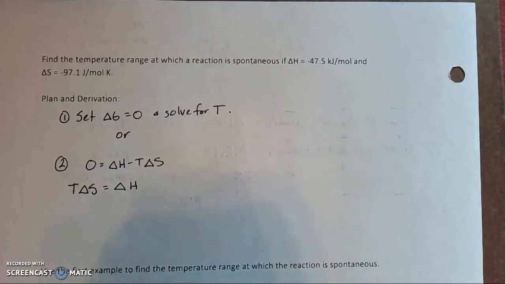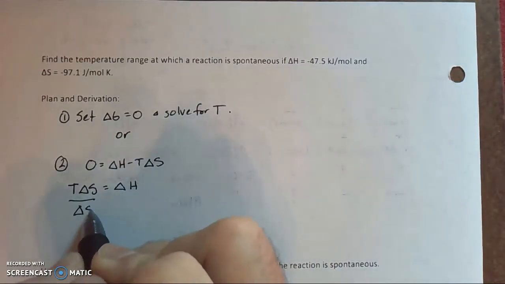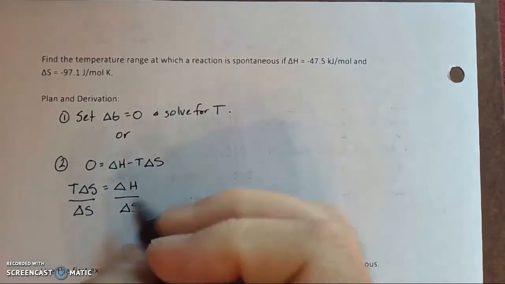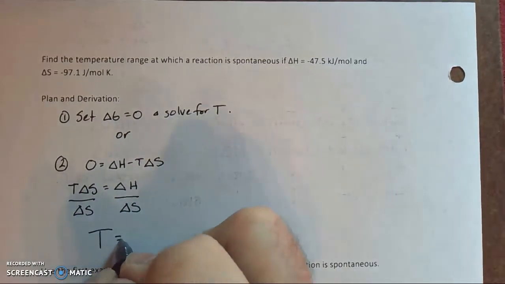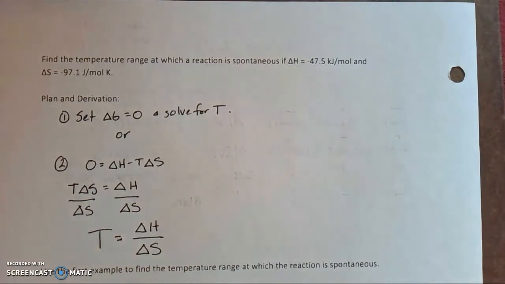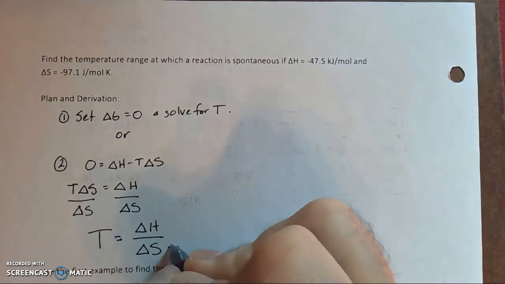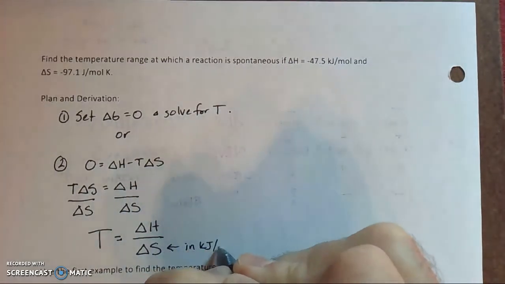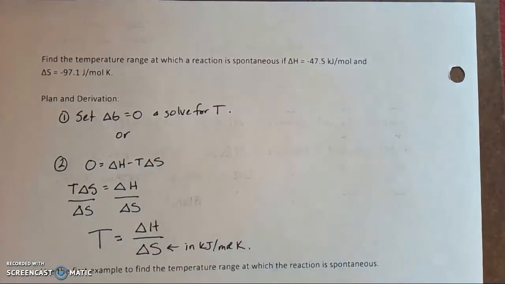Then to get T by itself, I divide both sides by delta S. So I get an equation, T is equal to delta H over delta S. But you have to make sure that this is in kilojoules per mole Kelvin.